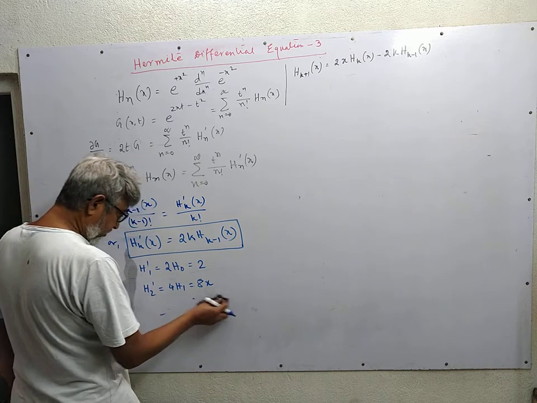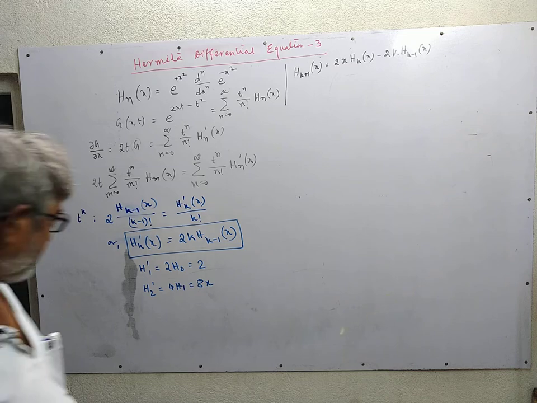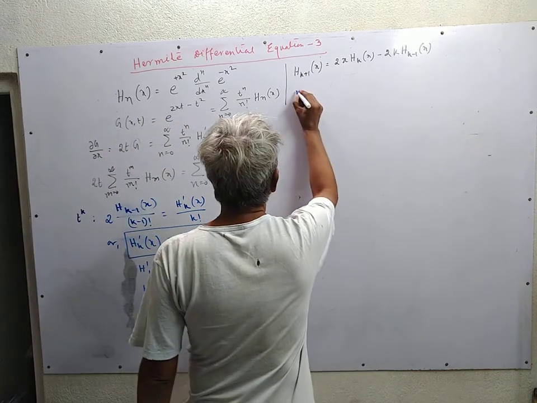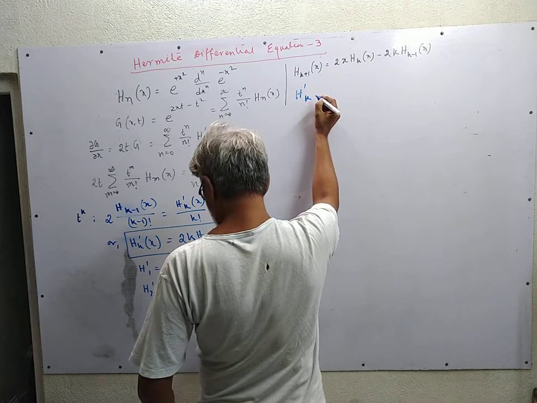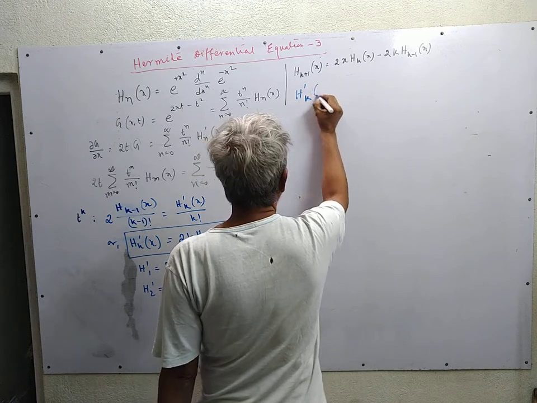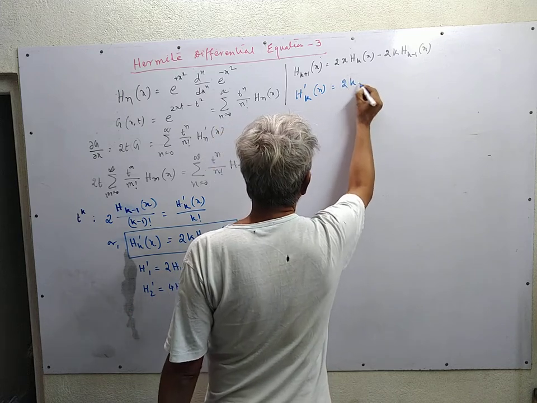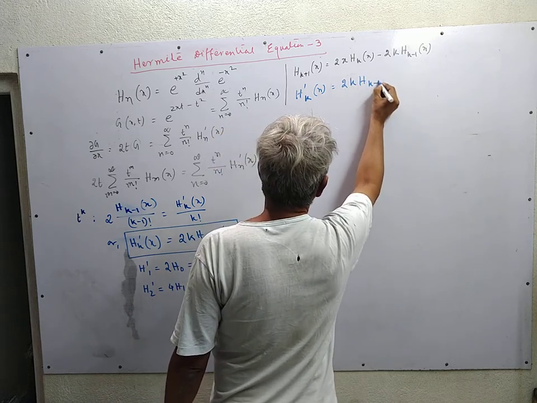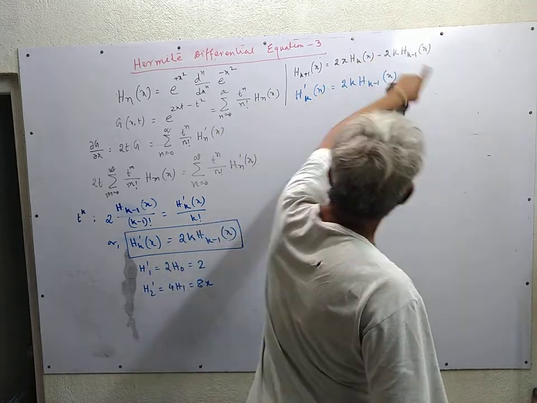So this formula gives you the derivatives of Hermite polynomial, and we write h prime k of x is equal to 2k h k minus 1 of x. You see that there is the same factor.